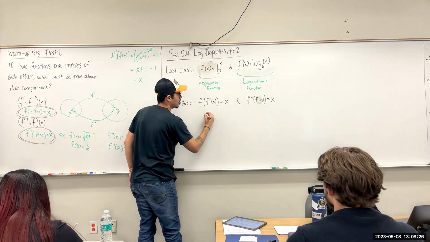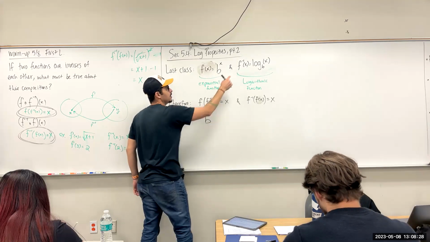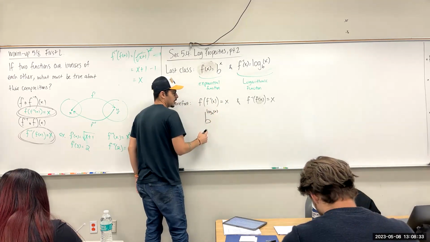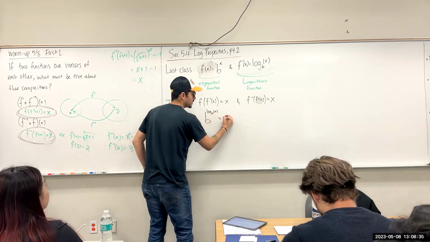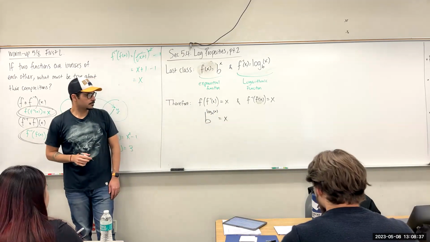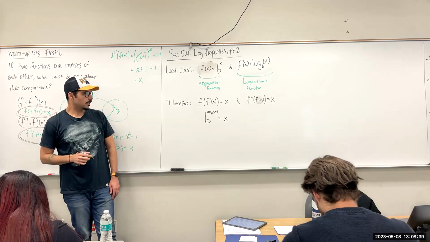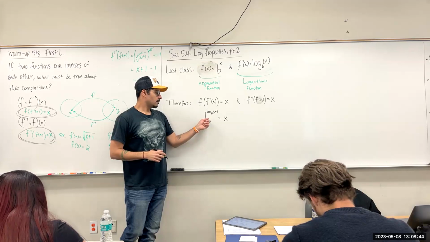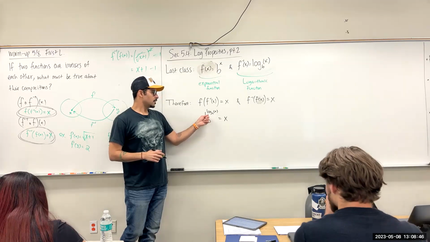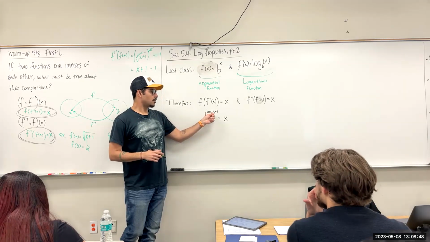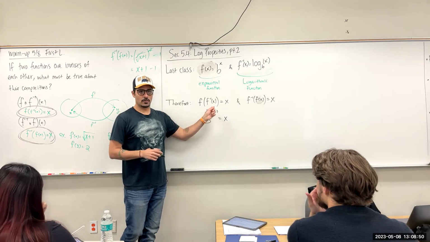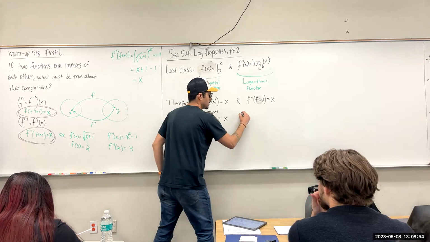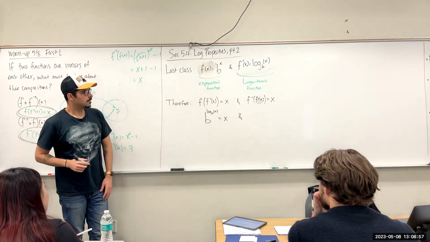So that means that b to the power of the inverse function, log base b of x, is going to have to equal x. In your calculator, if you do 10 to the common log of any number, it'll just give you the same number. But it's very strange looking.